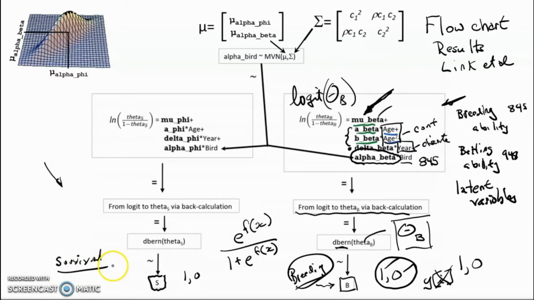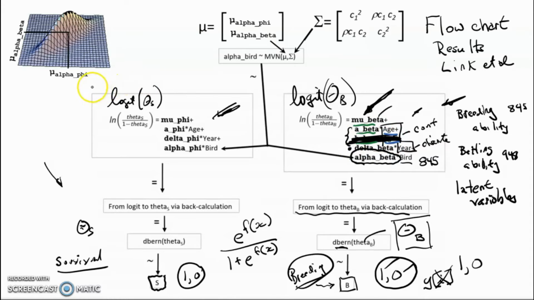And so the idea is, does the bird survive or fail to survive in any given year? A 1 or a 0 arising from a Bernoulli distribution with parameter theta S. The logit of theta S is shown here. Very similar formula. The only difference between here and here is that there's no quadratic effect of age.